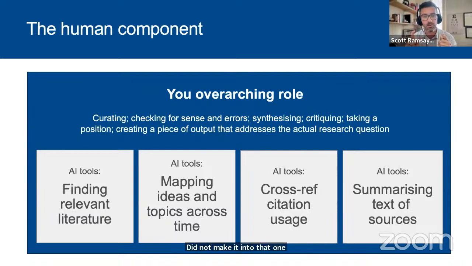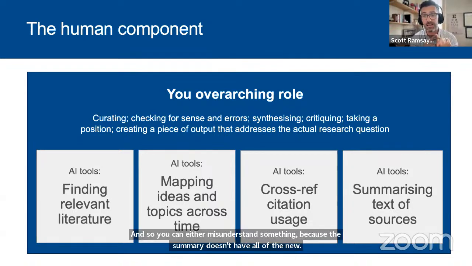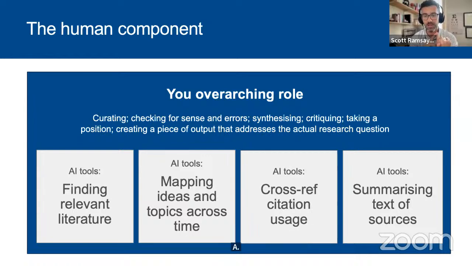And with some tools, you can say, give me one paragraph or give me one sentence of a summary of this source, right? And so you can misunderstand something because the summary doesn't have all of the nuance, the context that's necessary for a proper understanding of that source.